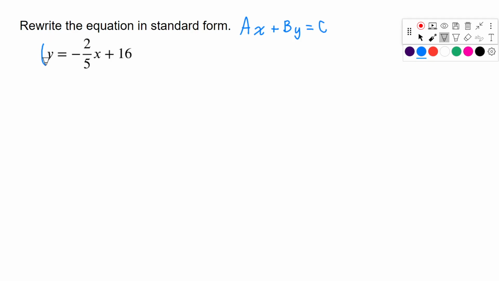So take everything in this slope-intercept form equation and multiply by 5. That's every single term. So now you have 5y equals negative 5 times 2 is 10, divided by 5 is 2x, plus 5 times 16 is going to be 80.